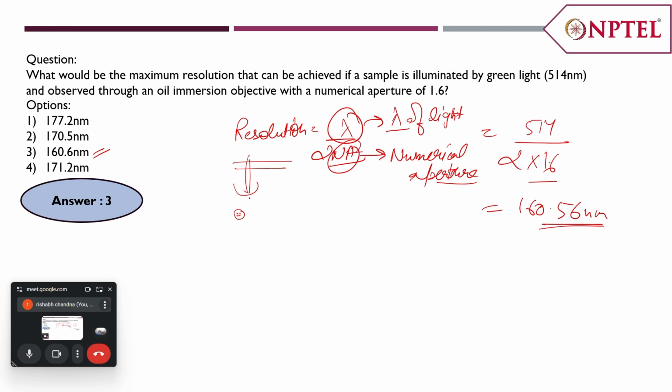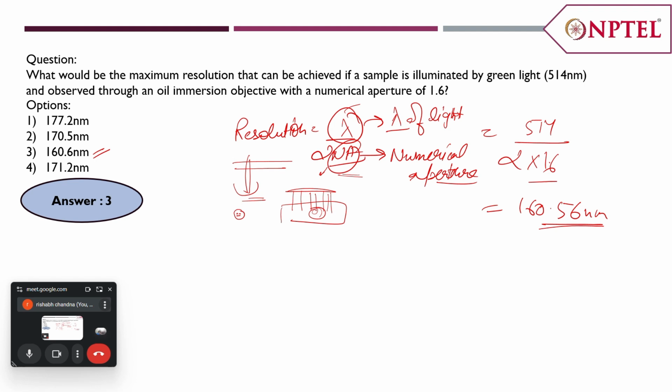Now, this limit of resolution depends upon the wavelength of light falling upon it, and the numerical aperture of the objective lens, which is related to the surface area covered by the light before falling on the specimen. So this is the specimen, this is the objective. The light waves falling upon the specimen define the numerical aperture. These two components define the resolution by which the specimen can be separated.